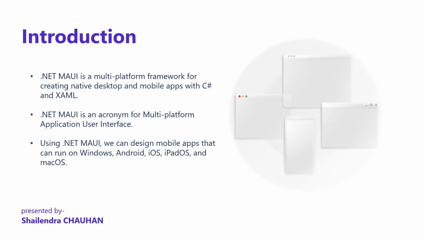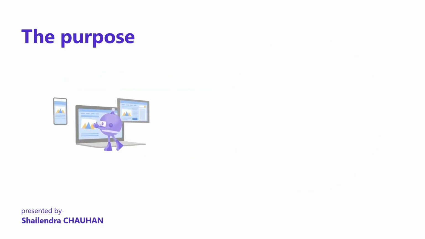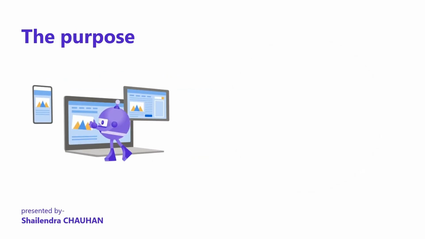So you see, you can use .NET MAUI for various types of applications. You will create a single code base and that can be used for different kinds of apps, basically mobile apps. The main objective or the main purpose of .NET MAUI is to simplify multi-platform application development.